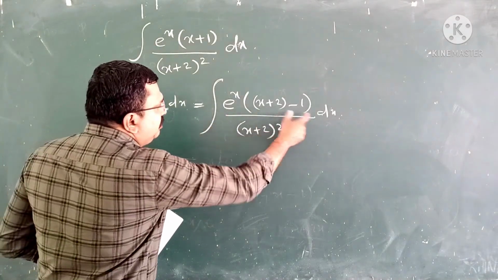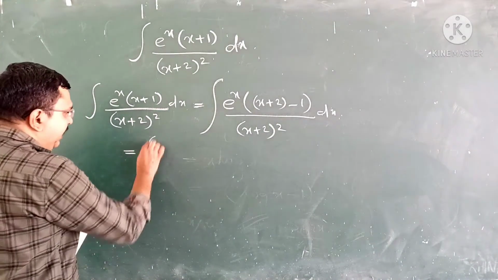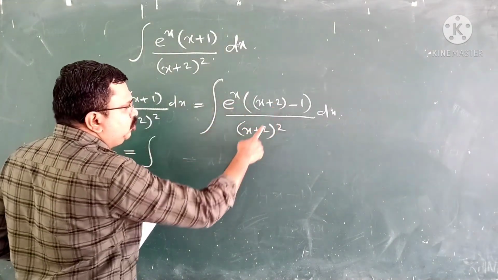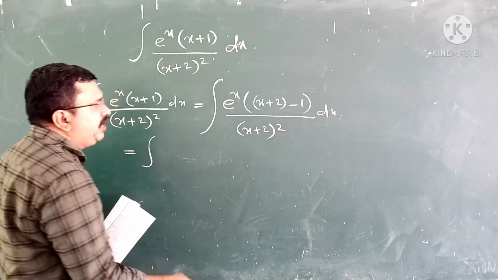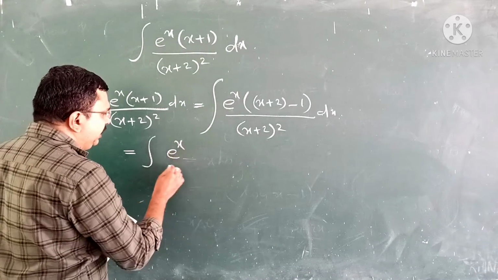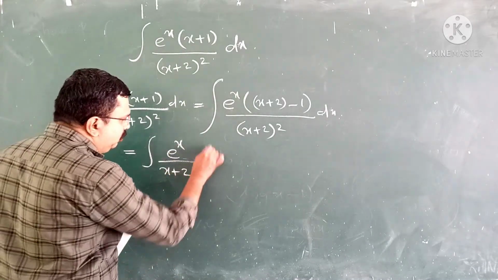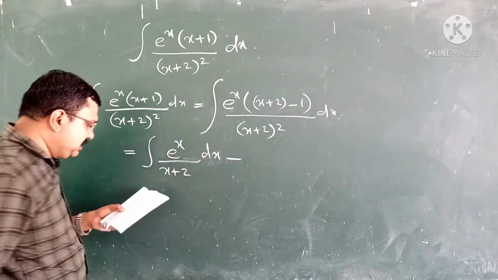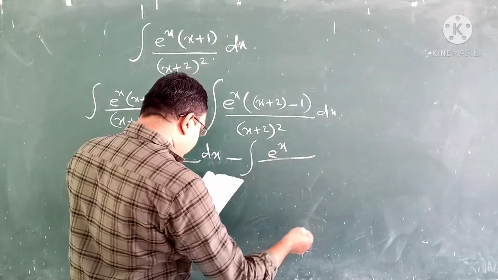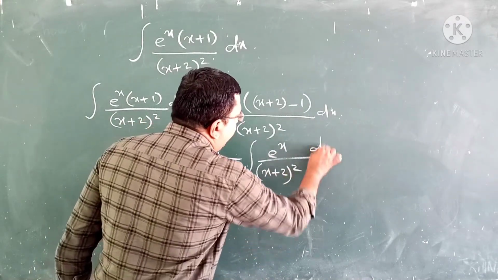Which is equal to, now we can separate these two terms, then we will get integral e raised to x into (x plus 2) divided by (x plus 2) square. x plus 2 cancels, then the remaining is integral e raised to x divided by (x plus 2) dx minus integral e raised to x divided by (x plus 2) square dx.